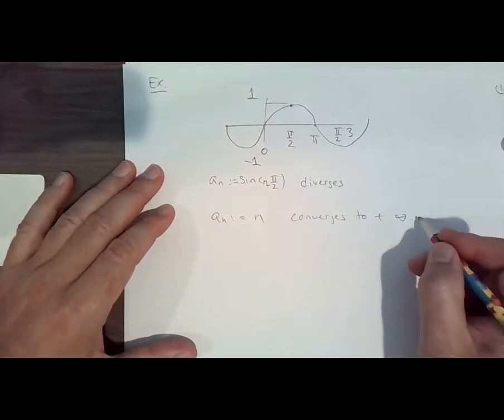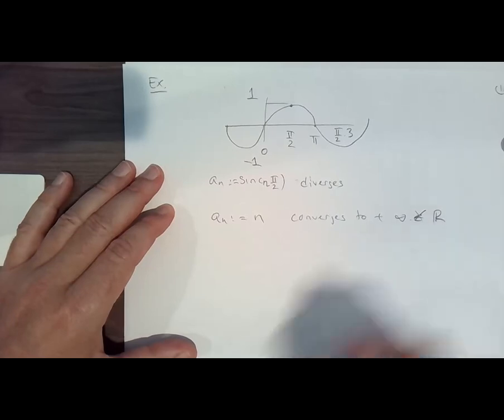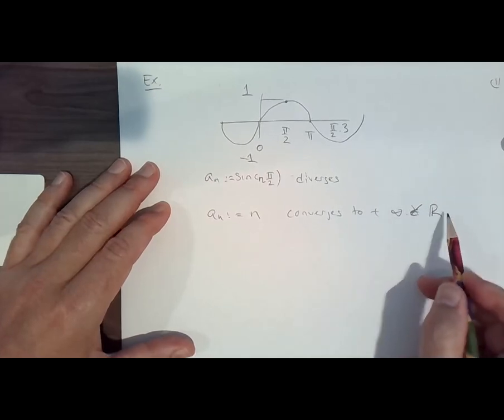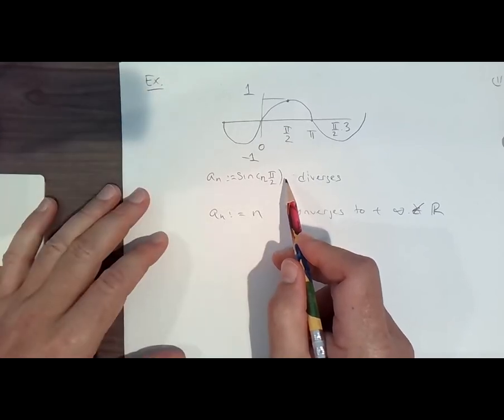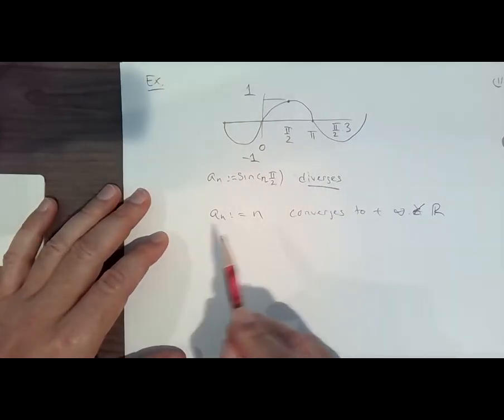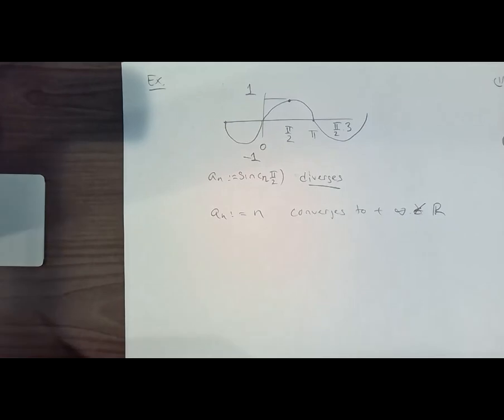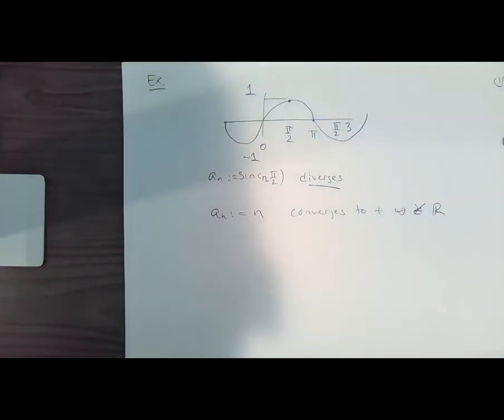This is not a member of R. It converges to something outside R. This other thing does not converge to anything. It just keeps oscillating. So I like this much more as a label for divergence. I'm okay with converging to plus and minus infinity. There are other professors that are not, but I'm fine with this. Okay, thank you.